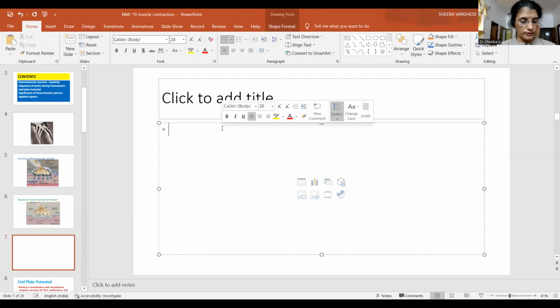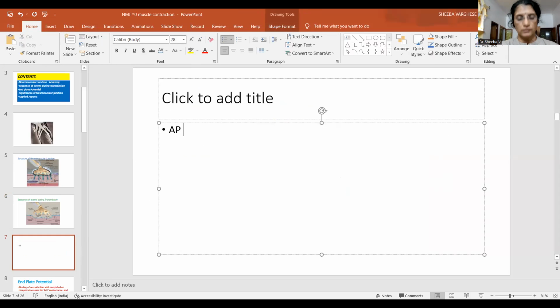Here, the action potential on the motor neuron opens the voltage gated calcium channel.